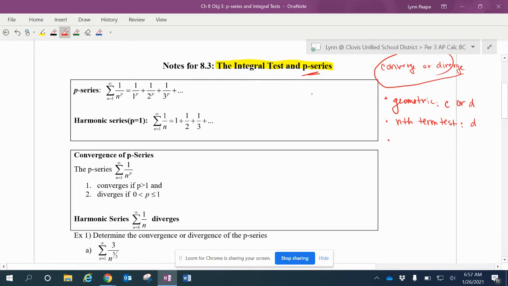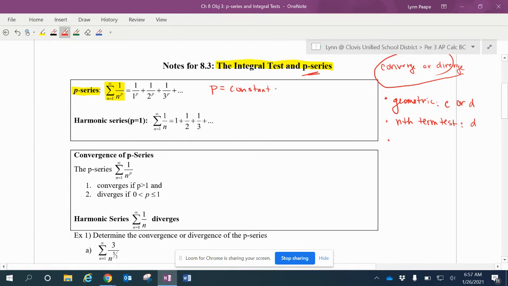For a p-series, in order for it to be a p-series, it has to take on this form right here: 1 over n to the power of p, okay? So p will be some sort of constant, a number value, and n will be the variable.